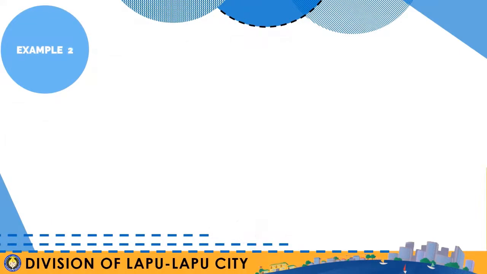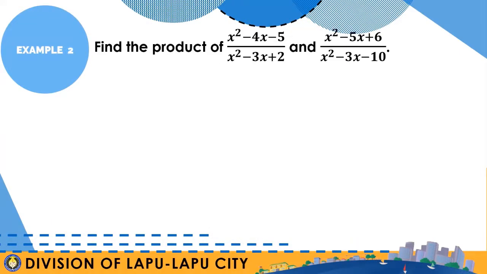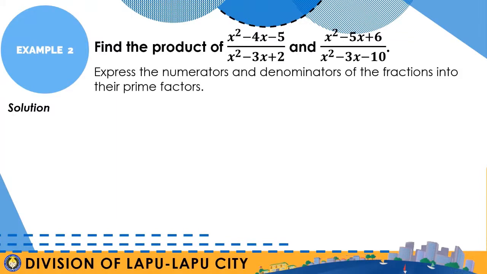Another example. Find the product of x squared minus 4x minus 5 over x squared minus 3x plus 2 and x squared minus 5x plus 6 over x squared minus 3x minus 10. Solution. Express the numerators and denominators of the fractions into their prime factors.